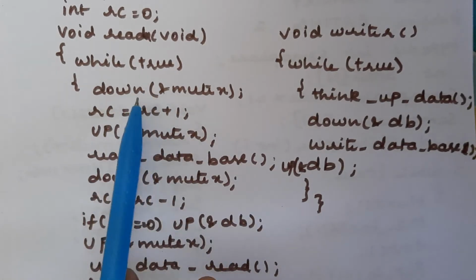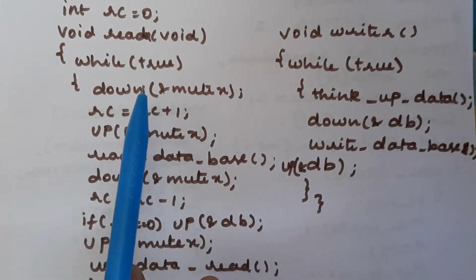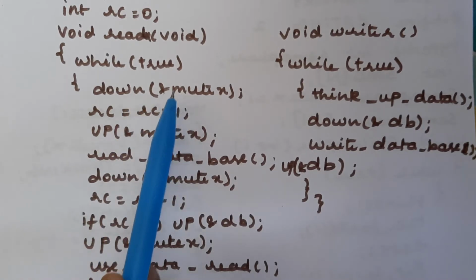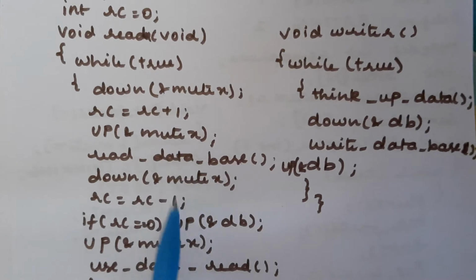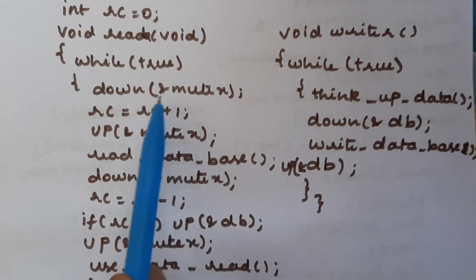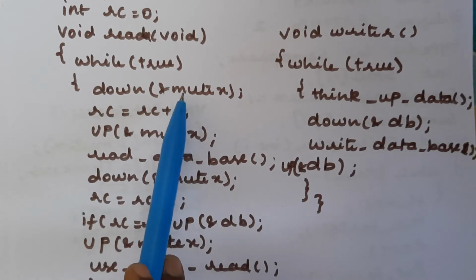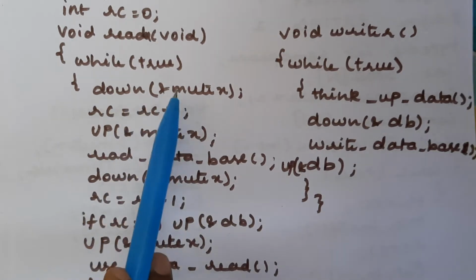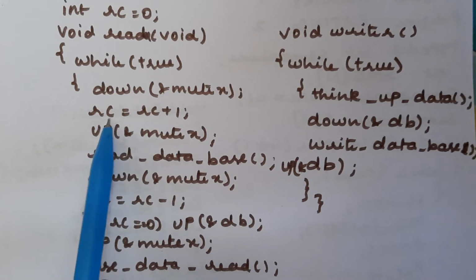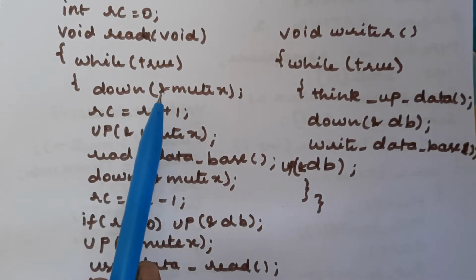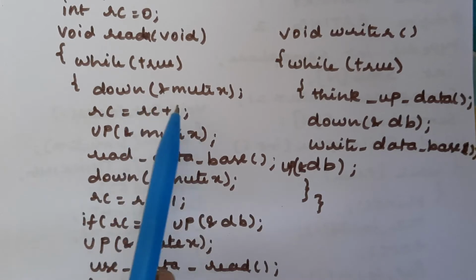So initially, whenever the process wants to perform the read operation, two semaphore variables are there. One is mutex and another one is database, that is db. So he wants to get the access to read count. So initially we are performing down operation on mutex. Once he wants to read, then read count value will be incremented, which means currently this particular process is active in reading state, right?